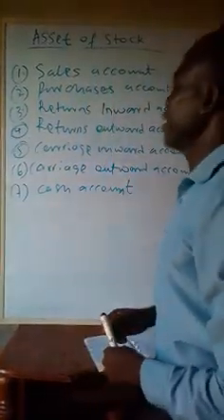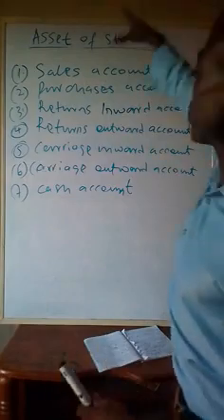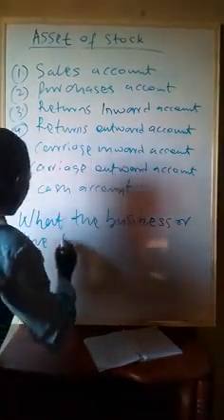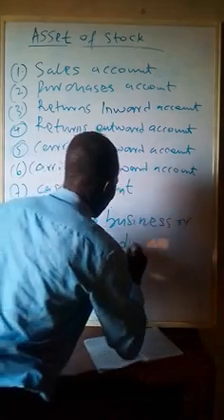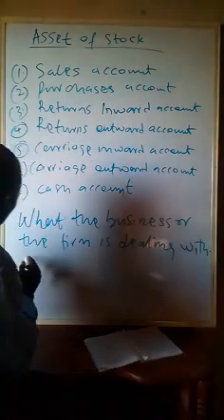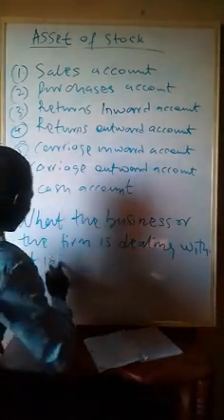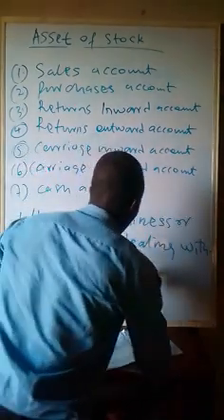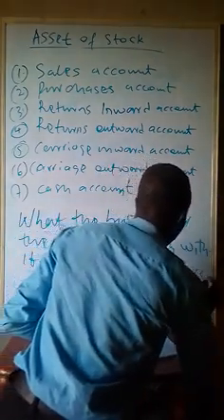But most importantly, when you hear asset of stock, this concerns all these accounts, and this involves what the business or the firm is dealing with, and that involves goods and the services.